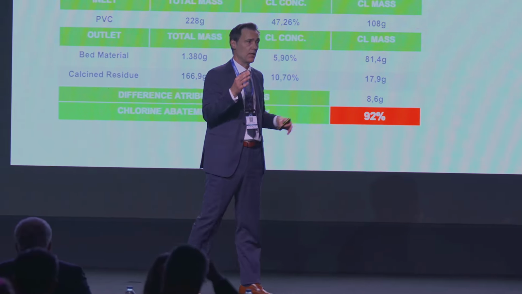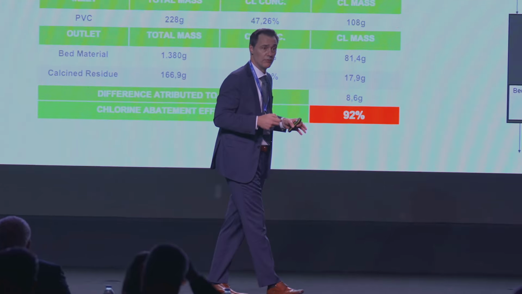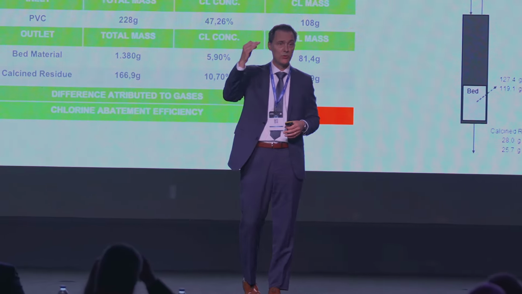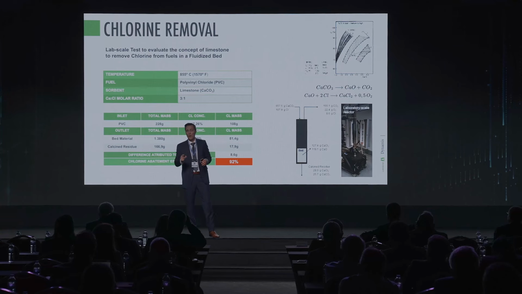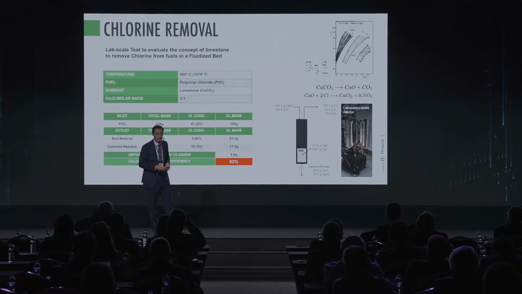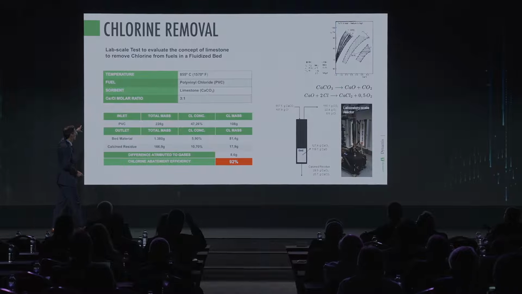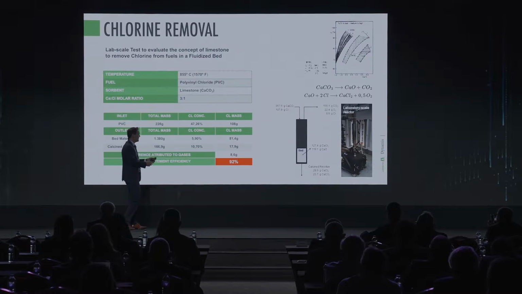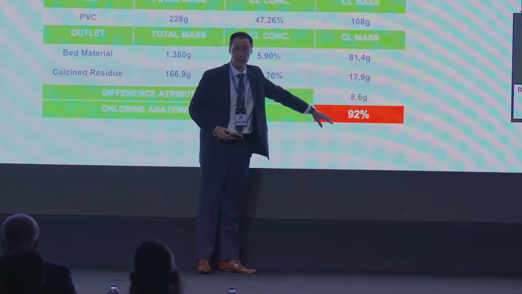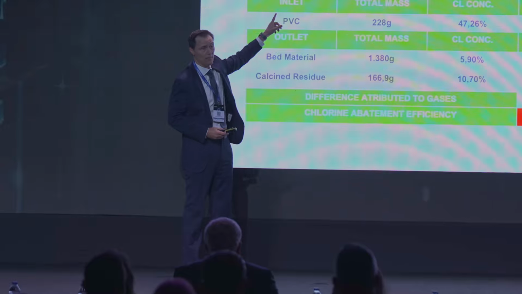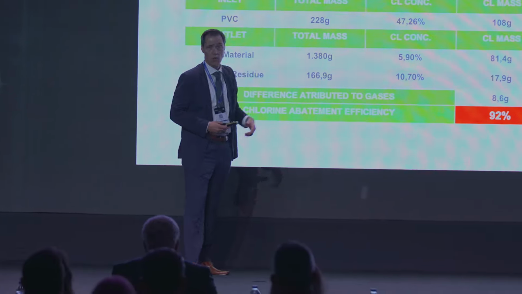So these impurities like chlorine are removed from the syngas, and then we can achieve very high thermal substitution rates without the need for a bypass system, right? So two important points of this chlorine removal. First, we use limestone as sorbent. And second, we can reach more than 90% abatement using a calcium to chlorine molar ratio of 3:1.